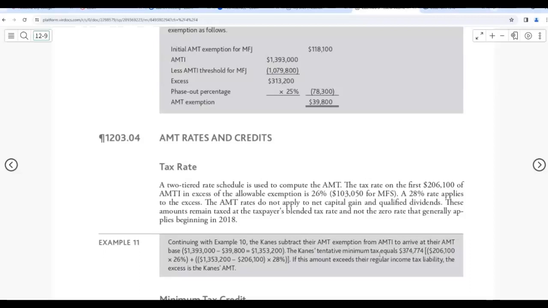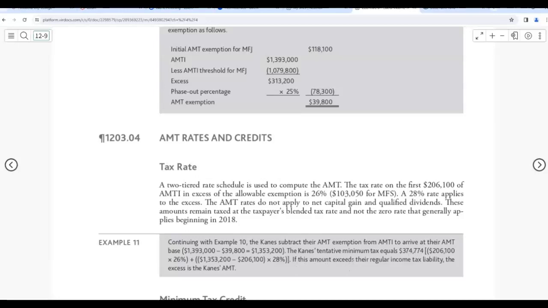The Kanes' tentative minimum tax equals 206,100 times 26%, and the rest times 28%, which is $374,774.